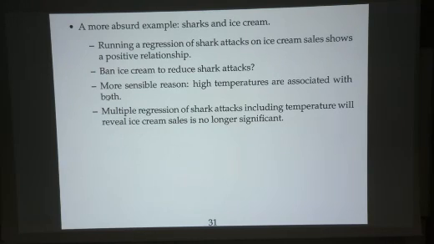If you run the multiple regression on this type of data, it will show that temperature has a significant effect on the shark attack. Sorry, the other way around: temperature will have a significant effect on the ice cream sales, but the shark attack will not.